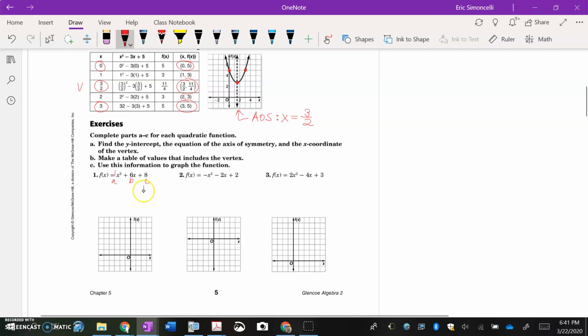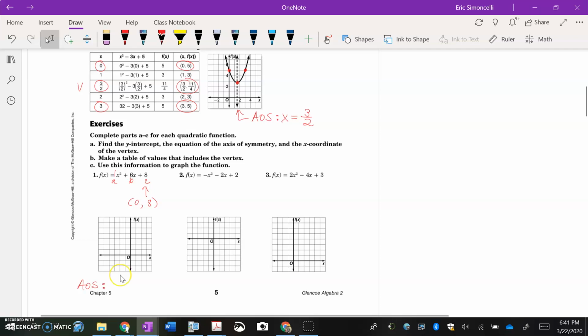So to find the y-intercept, you simply look at C and note that when x is equal to 0, no matter what A or B happen to be, plugging in 0 yields 0 overall. So literally all you have to do is note that the C value is really your y-intercept. It also asks for the equation of the axis of symmetry, which I'll write down here, AOS.